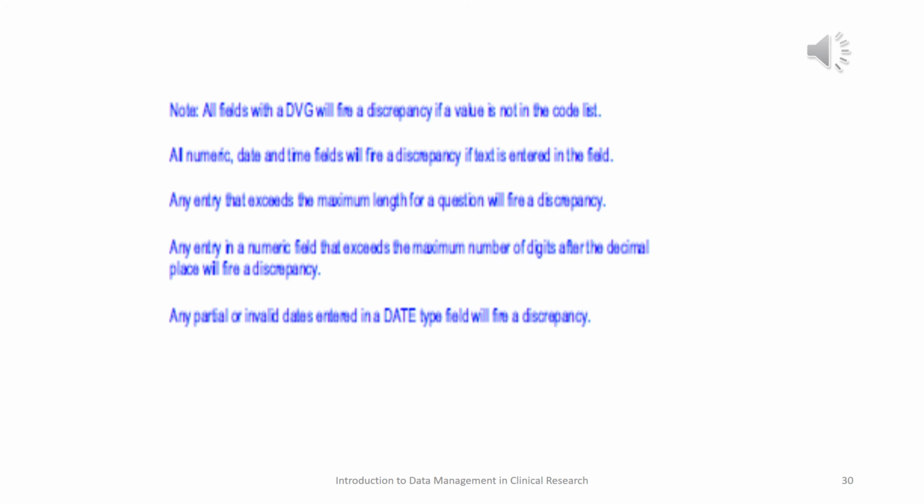The first note there says, all fields with a DBG will fire a discrepancy if a value is not in the code list. A DBG is a discrete value group. What that means is that there's going to be some type of little pull down menu for that particular data element.